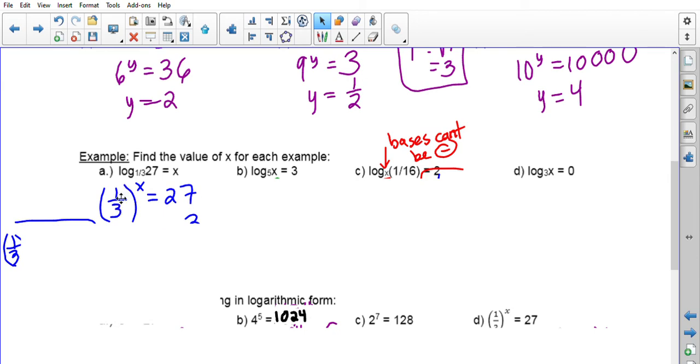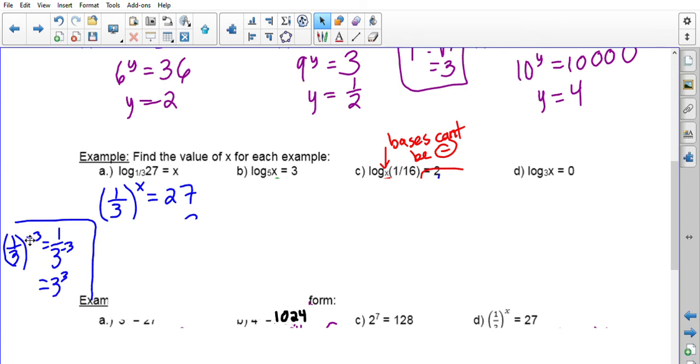How does a fraction raised to a power equal a number that's much greater than 1 over 3 itself? That means somehow the 3 has to come up to the top. We know that 3 cubed equals 27. However, the 3 is at the bottom here, so that would give you 1 over 27. So how do we bring the 27 up to the top?